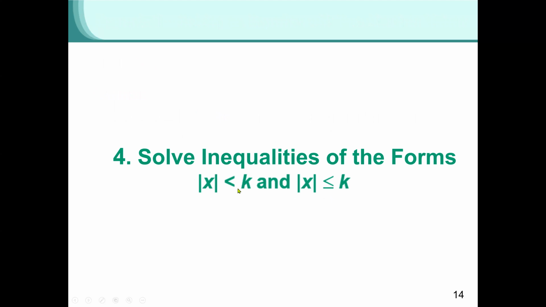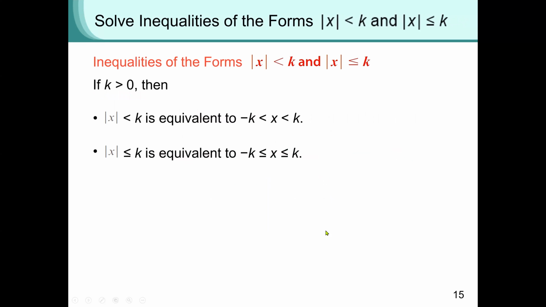Now let's solve inequalities of the form absolute value of variable x is less than k, and also absolute value of x is less than or equal to k. So here we say that if k is greater than 0, then this is the rule.